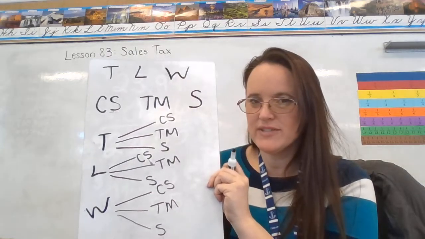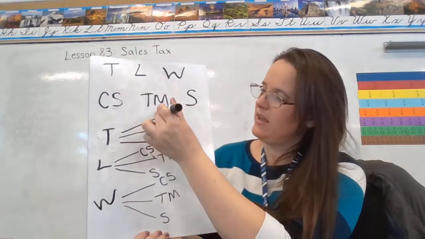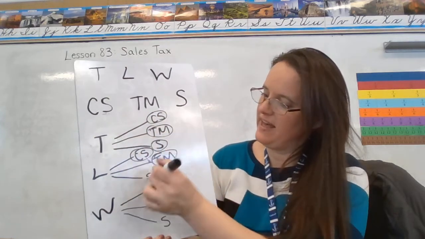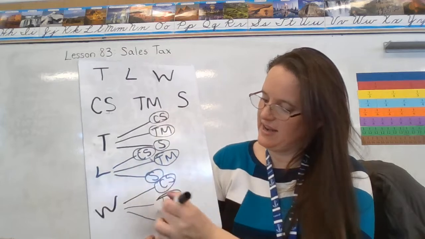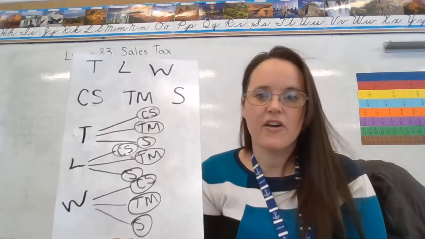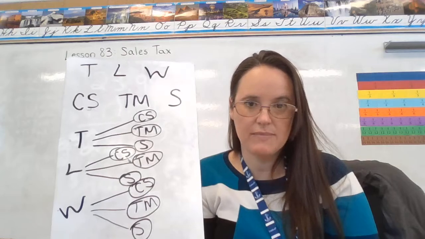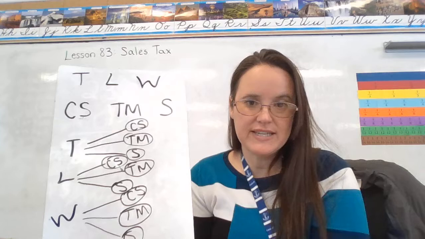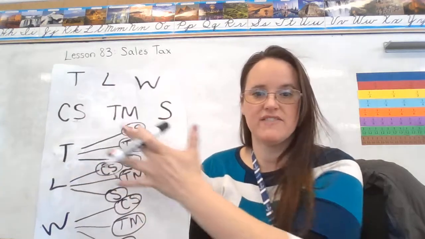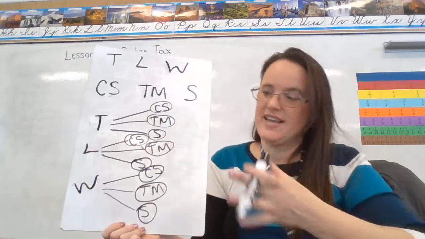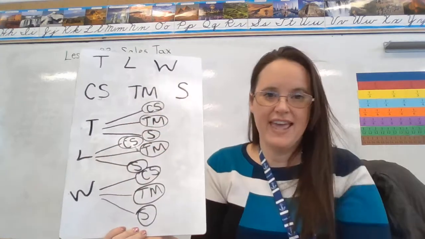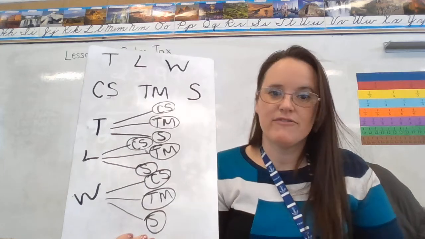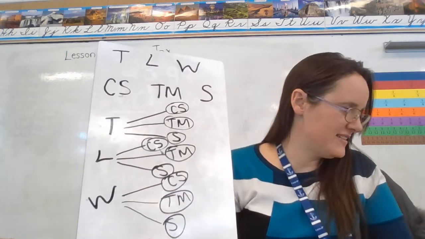So now how do we count them? 1, 2, 3, 4, 5, 6, 7, 8, 9. There are 9 possible combinations. So the way we do a tree diagram is if you go to the very end of the branches, you count all the ends, and that gives you the total number of combinations for some kind of problem like this.